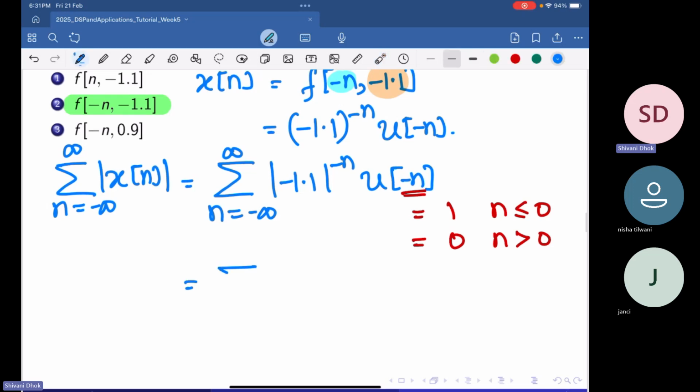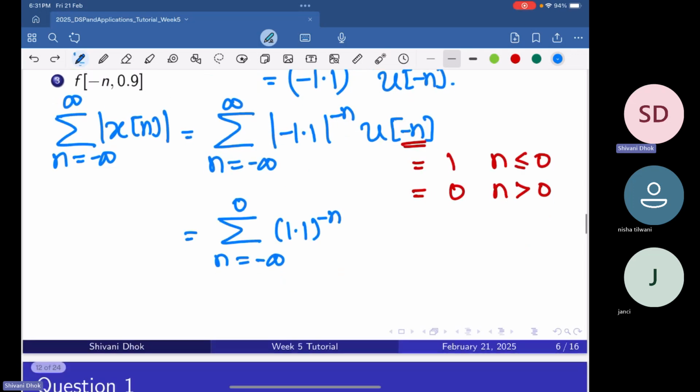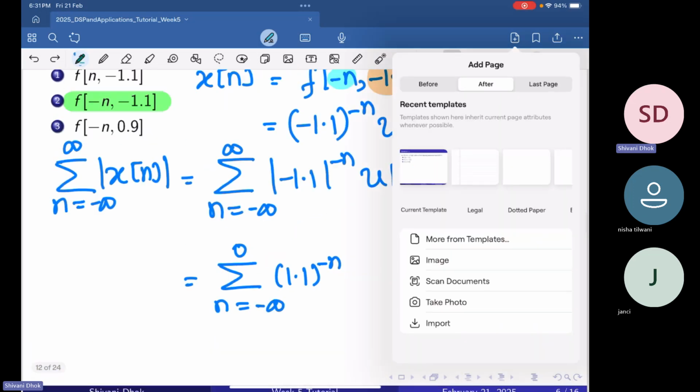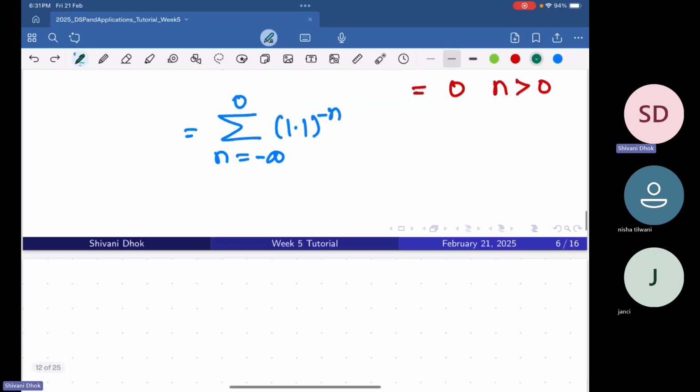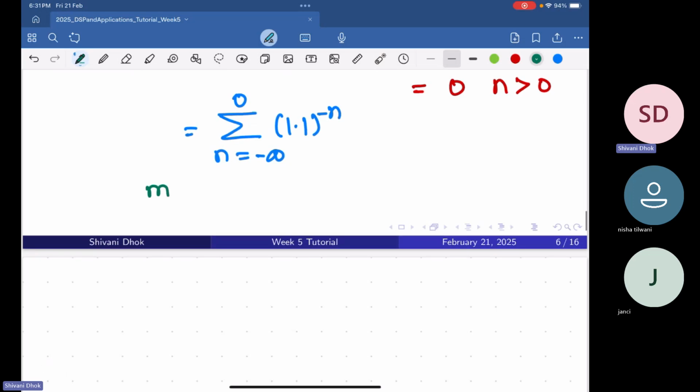So now we have the summation n running from minus infinity to 0 of 1.1 to the power minus n. Now let's substitute m as minus n, which means m will vary from 0 to infinity.